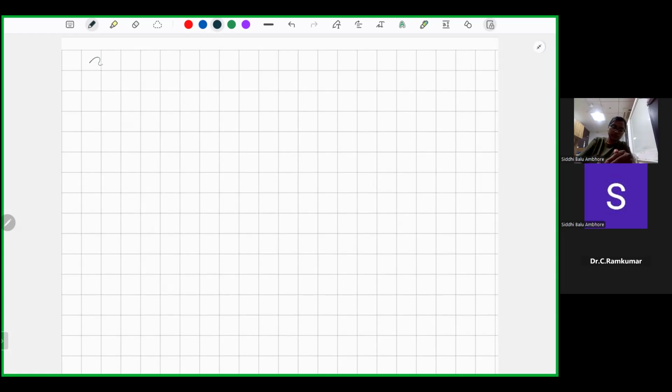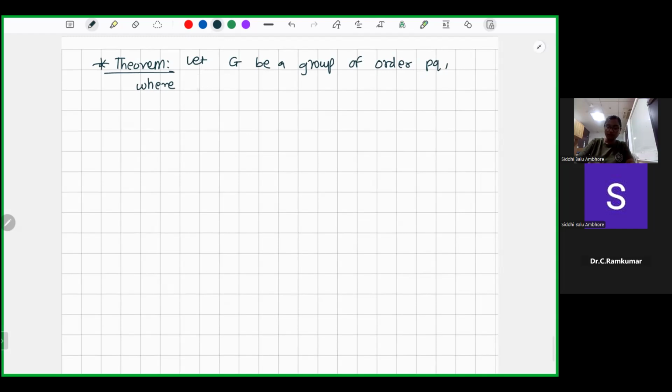So this is the statement which, let me write this as a theorem or result, whatever you want to call it: let G be a group of order PQ, where P greater than Q are two primes.